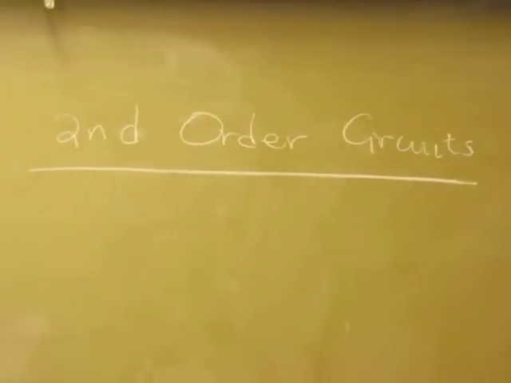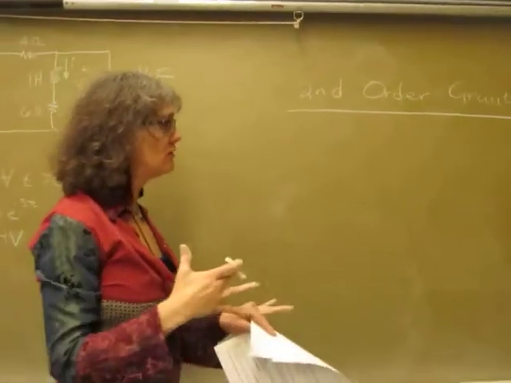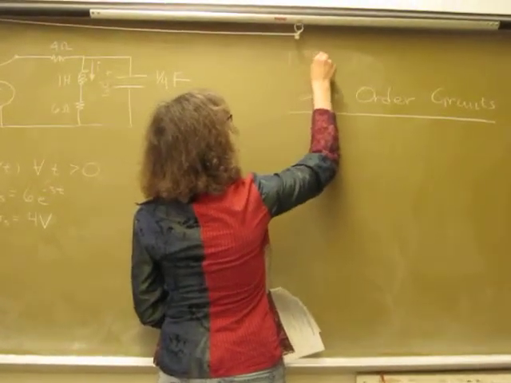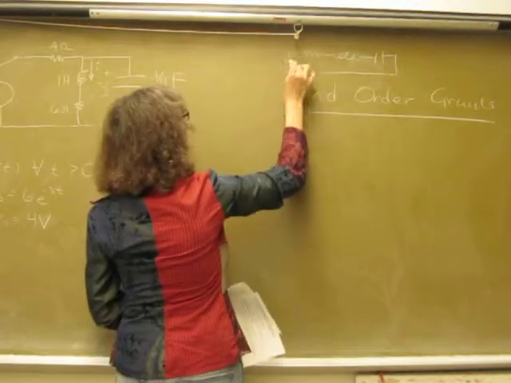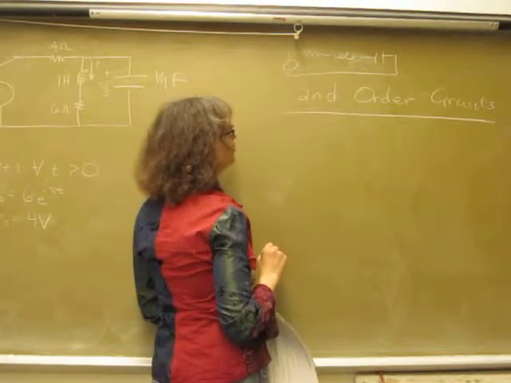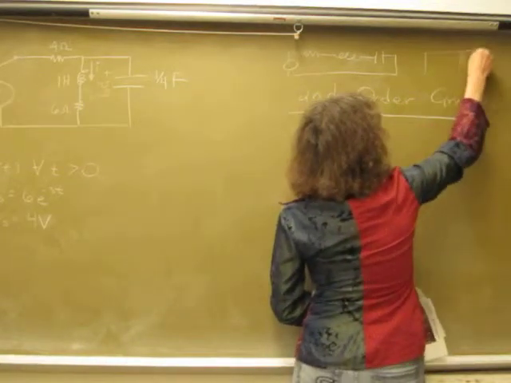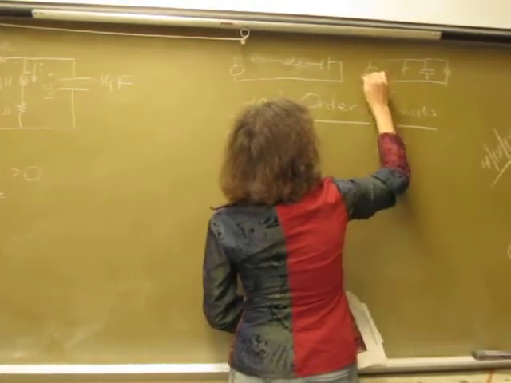Now, if your circuit is one of the standard circuits, and by standard circuit, there's a standard RLC circuit where you basically have a resistor, inductor, and capacitor in series with each other, or you might have them in parallel, with a voltage source.